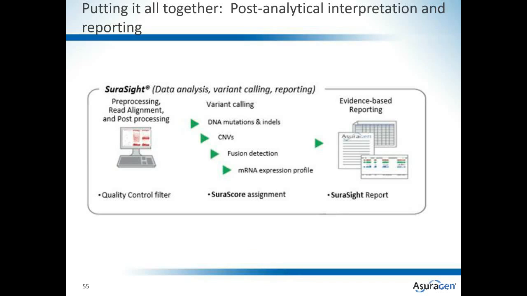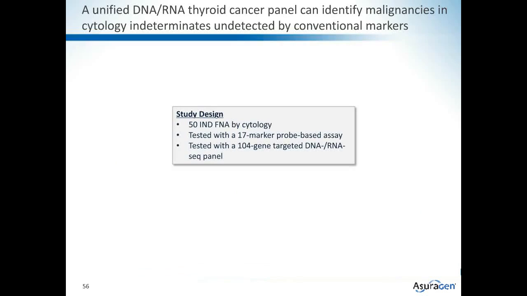So now in the post-analytical part with the bioinformatics that can interpret across many of these different types of markers and put this into a broader perspective, I'd like to just wrap up with a clinical study that we did that highlighted the value of these many different types of markers. So in this particular clinical research study, we looked at 50 indeterminate fine needle aspiration samples by cytology.